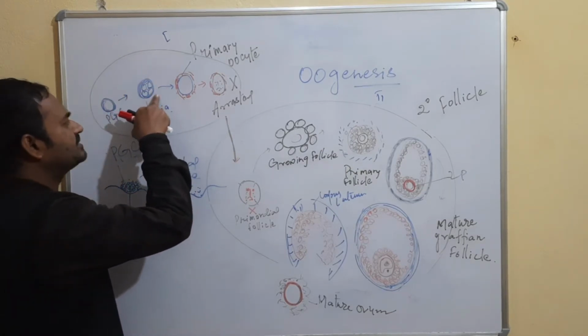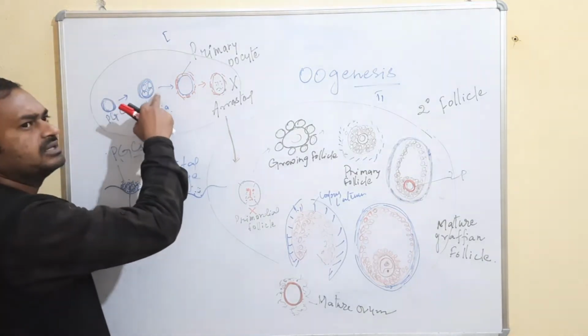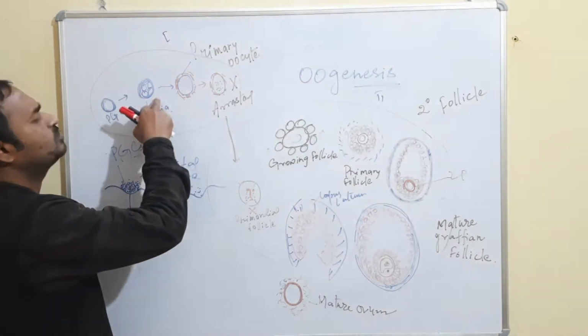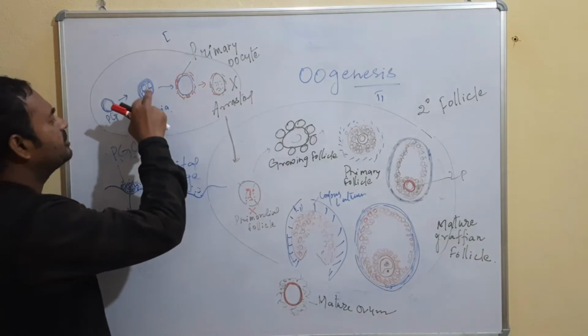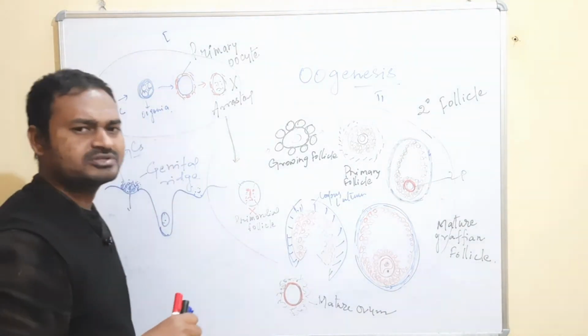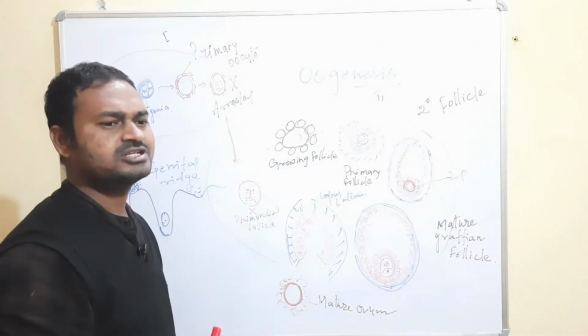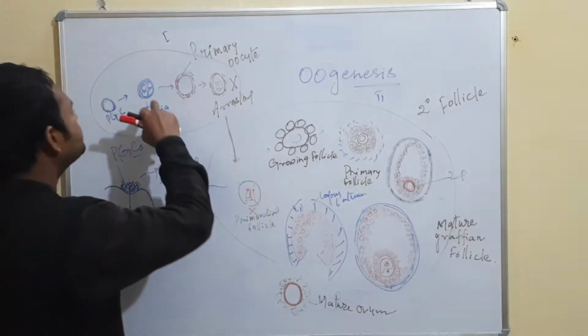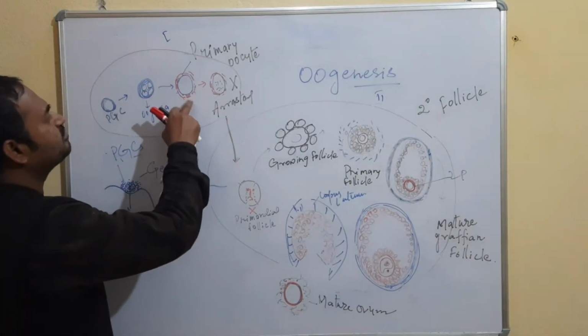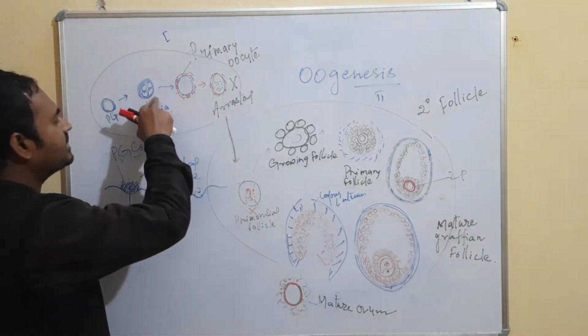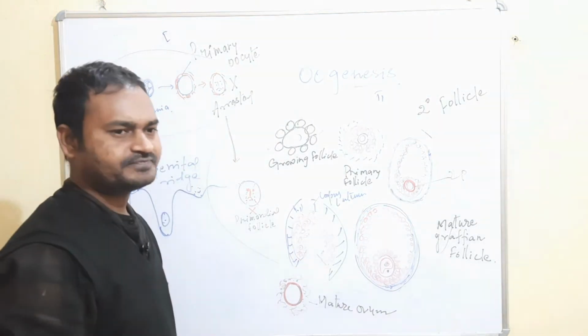Out of these, the best healthy cell will turn into the primary oocyte, and the rest of the cells will die.